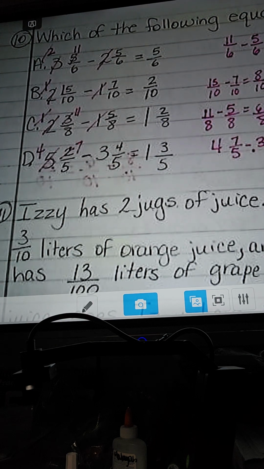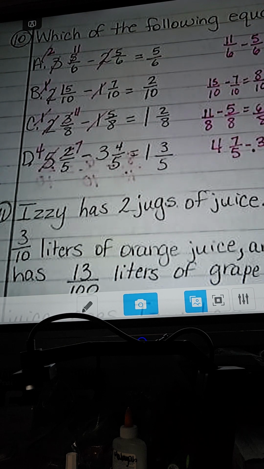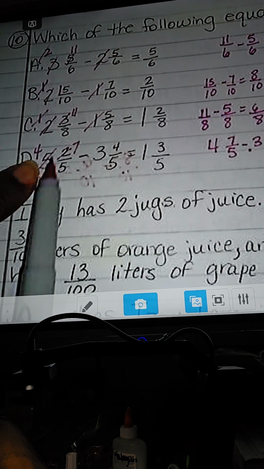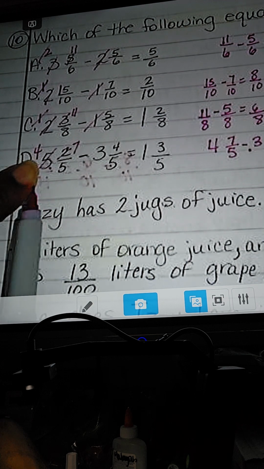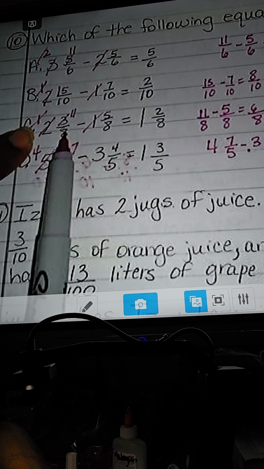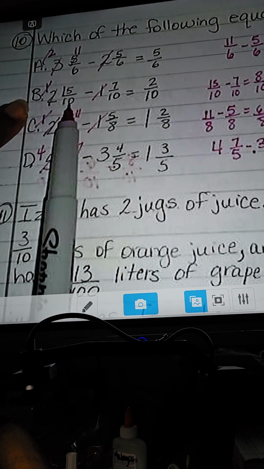Because I did 12 instead of 7. Oh, you added 10 like you're doing regular subtraction. No, you add the whole fraction. So this is fifths, so you add 5/5. These are eighths, so you add 8/8. These are tenths, so you add 10/10.